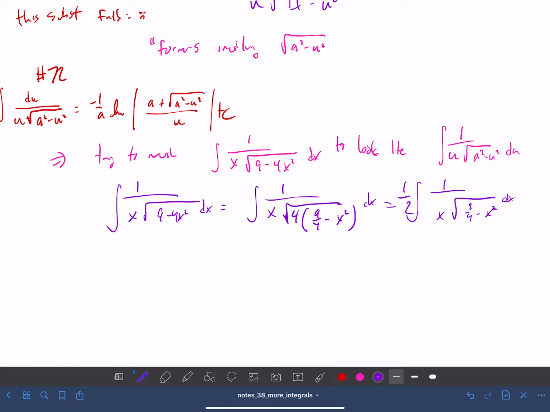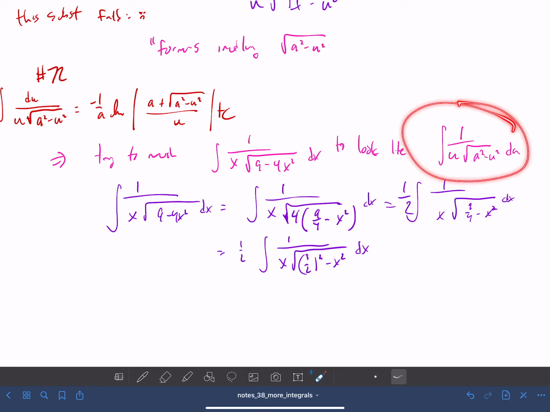Now let's rewrite that as half of the integral of 1 over x times the square root of 3 halves squared minus x squared dx. Now, does that fit this? Yes, it does.